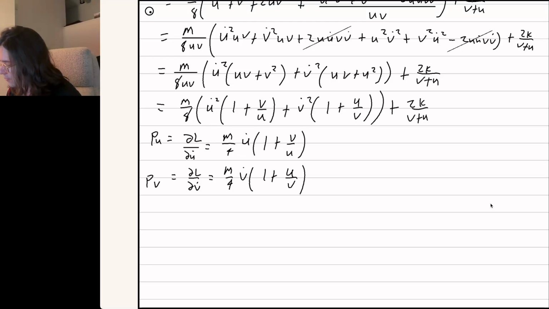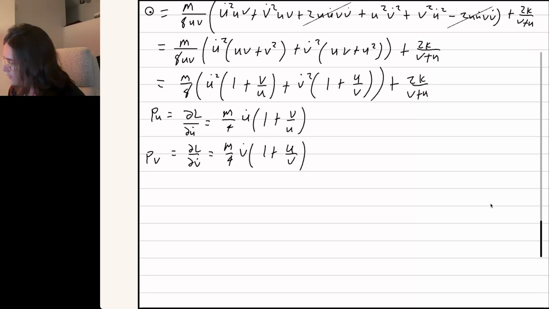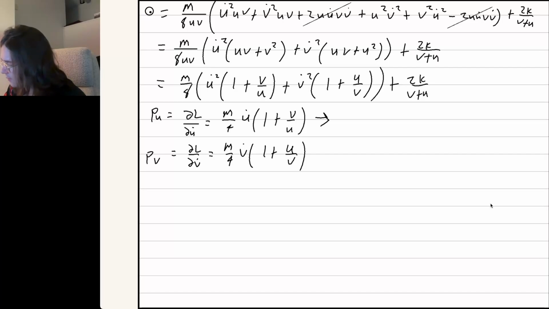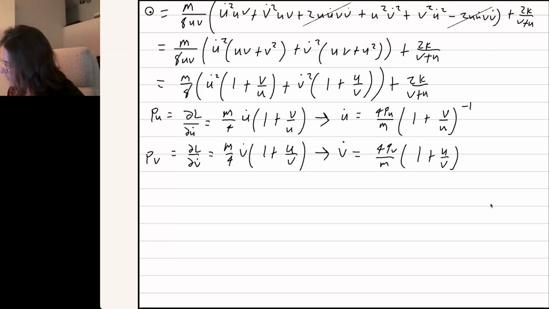And then we're going to put the Lagrangian in terms of the momentum first before we start making the Hamiltonian happen. We'll say that u dot is equal to 4pu over m divided by that stuff, so 1 plus v over u to the minus 1. That'll be 4pv over m times 1 plus u over v inverse.